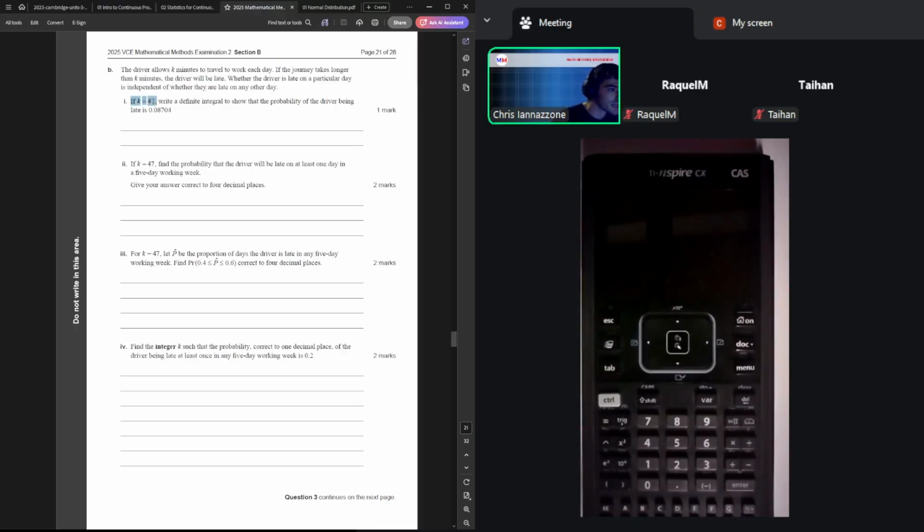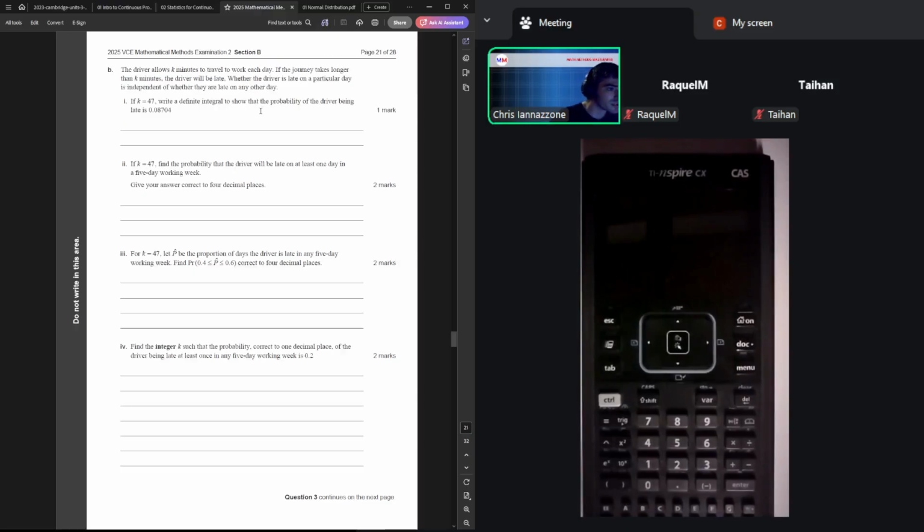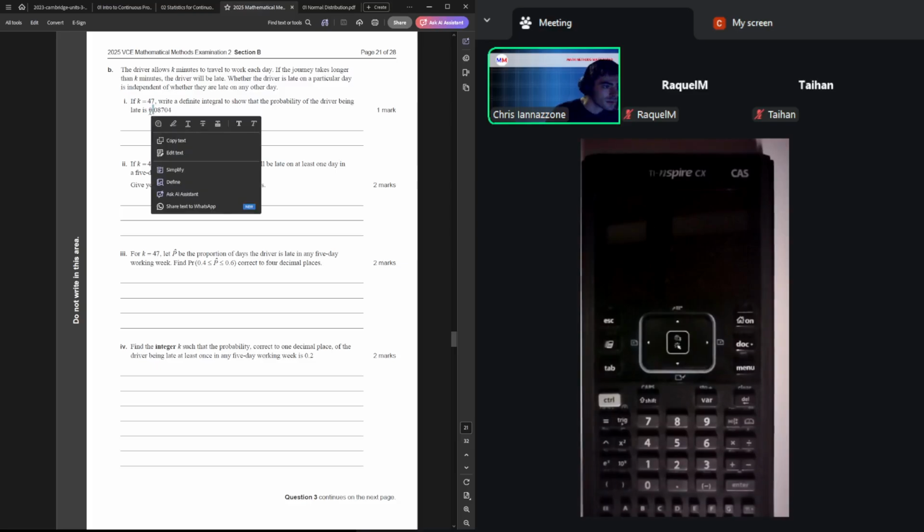So if k equals 47 means that you are late, then journey taking longer than 47 means you're now doing 47 to 59. Taking anywhere from 47 to 59 would be considered late, and what you're hoping for is that integral ends up equaling. If you integrate from 47 to 59, that should end up equaling this value.